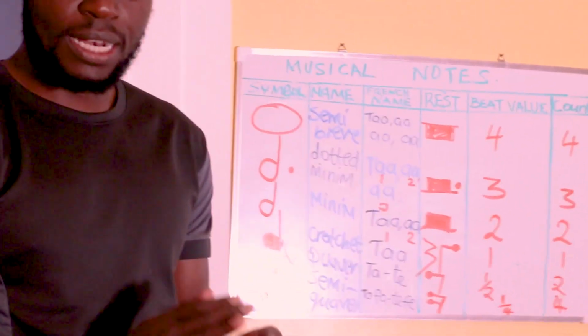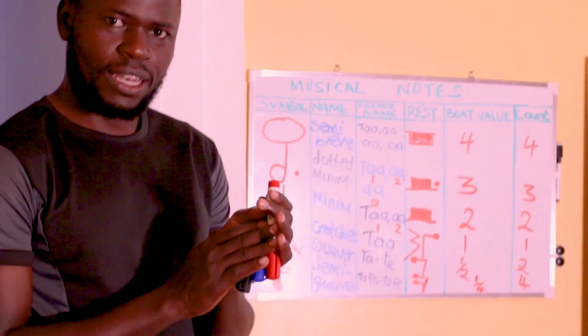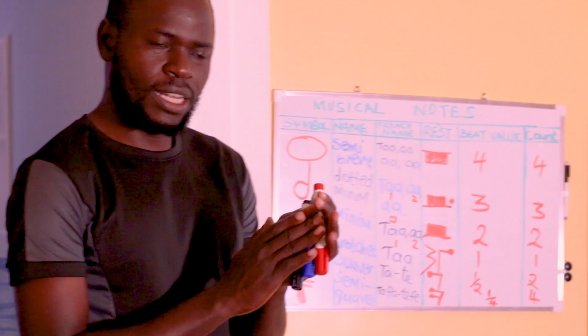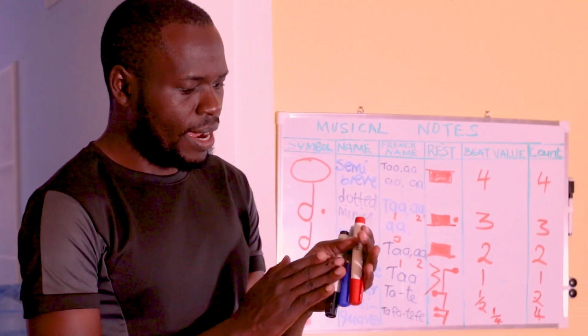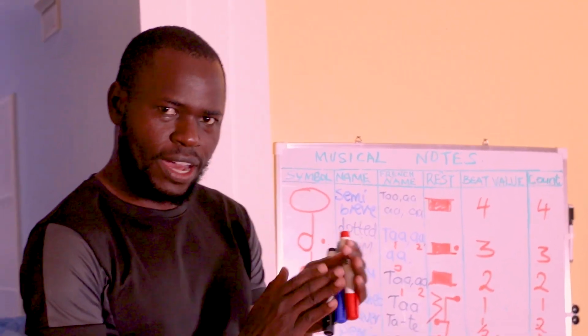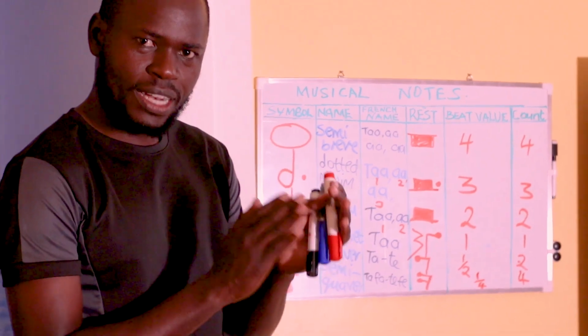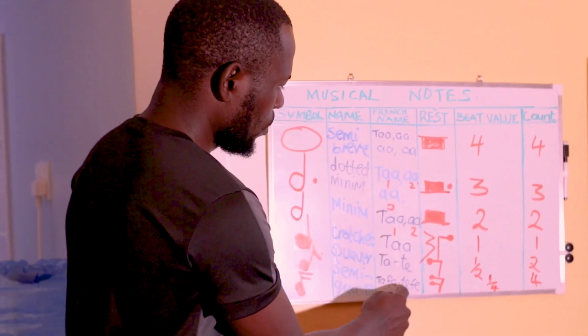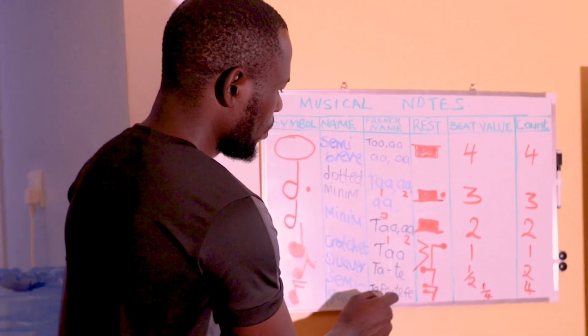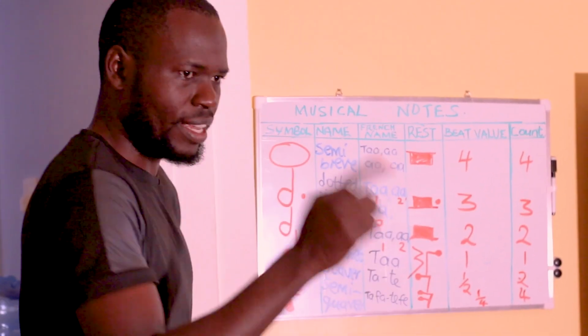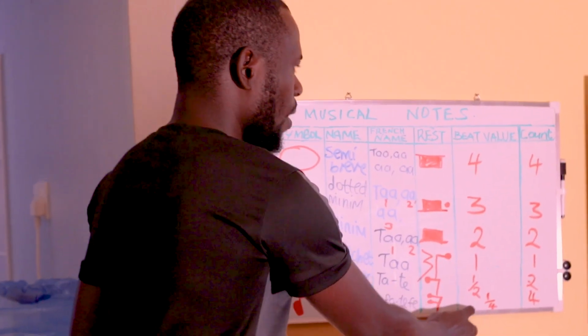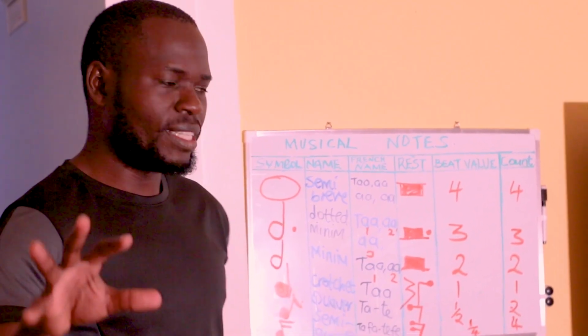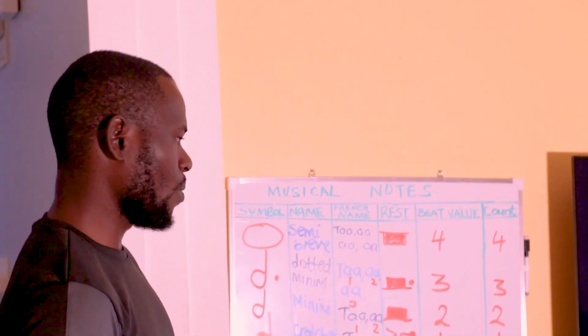That is when we have tafa tefe, like 1, 2, 3, 4. Tafa tefe, tafa tefe. So you count 4, but very fast. 1, 2, 3, 4. But the beat value is a quarter.